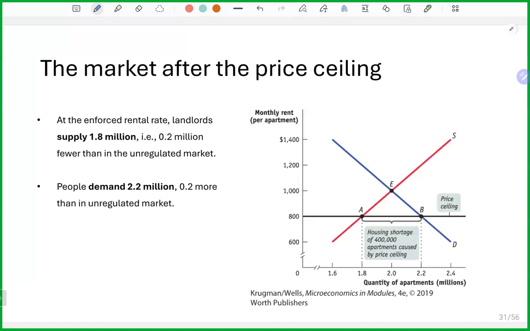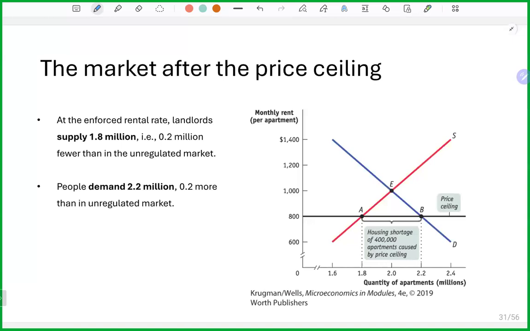So now we have this somewhat strange situation. Even though your valuation is $1,200, which is much higher than your friend's $850, it is possible that you may not get an apartment and your friend gets one. The market ensures that because your willingness to pay is higher, you get one, and your friends with a lower willingness to pay will not.